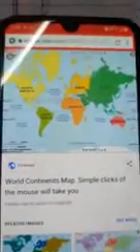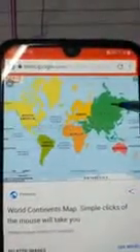You know students, Asia is the largest continent of the world and Australia is the smallest continent, as you can see in this map.